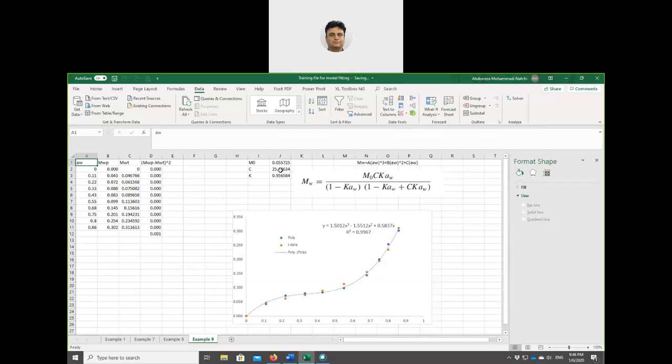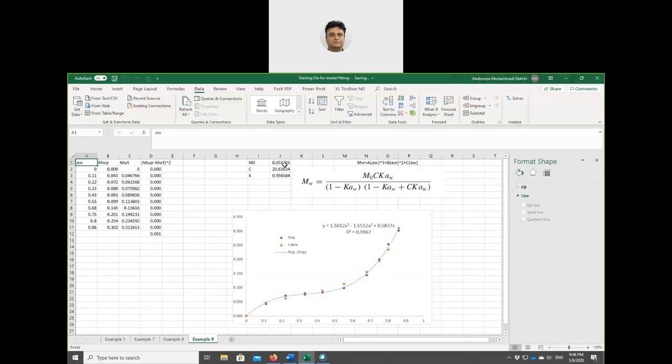Yeah, this is our GAB model. So the M0 is 0.05, C is 25, and K is 95. And then we investigate. Yeah, this is very good. As you know, very good fitting.